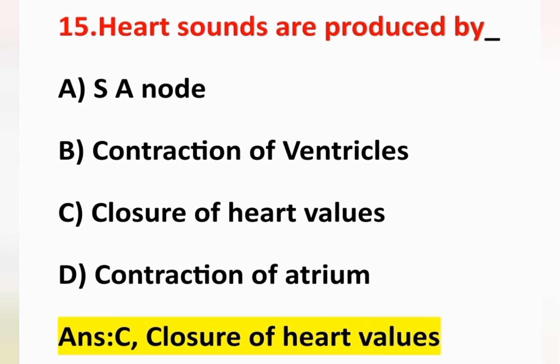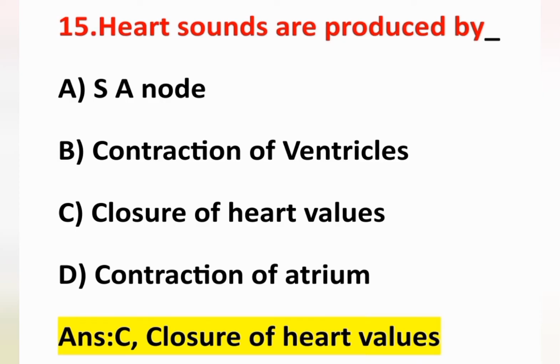S1 and S2 are normal heart sounds. S3 and S4 are heard during any abnormalities. S1 and S2 are known as lub and dub. S1 is produced by closure of the bicuspid valve or tricuspid valve or mitral valve. S2 heart sound is produced due to the closure of the semilunar valve or aortic valve or pulmonary valve.